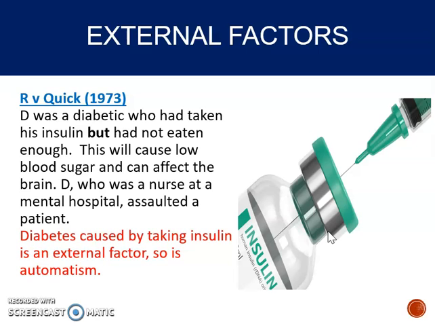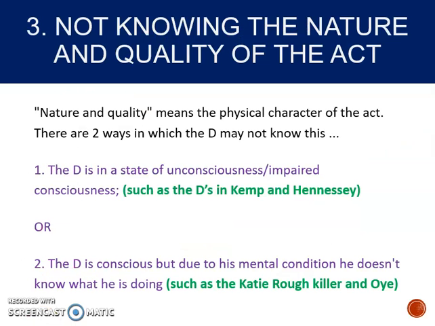It is an external factor, it's automatism. So depending on whether your diabetic state is caused by not taking your insulin or taking it, a completely different defence will be available, which of course is ridiculous and has been a major criticism of the defence of insanity.